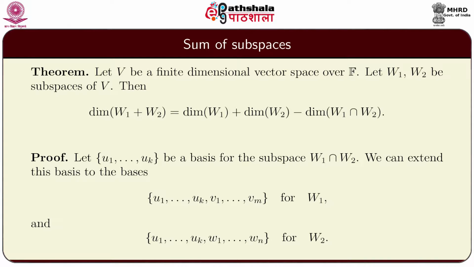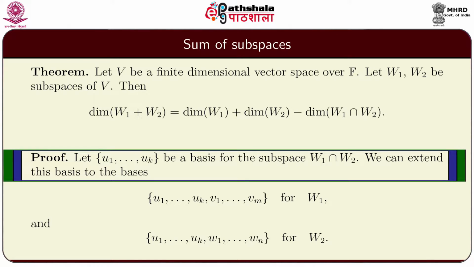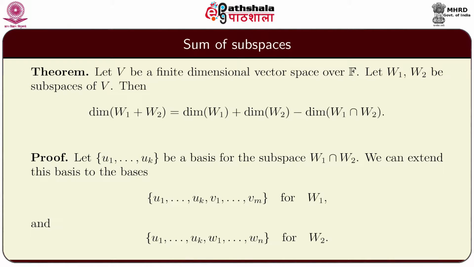How to prove this? Let us start with a basis for the subspace W1 intersection W2 and call it u1, u2 and so on up to uk. Remember that V is finite dimensional, therefore every subspace is finite dimensional.